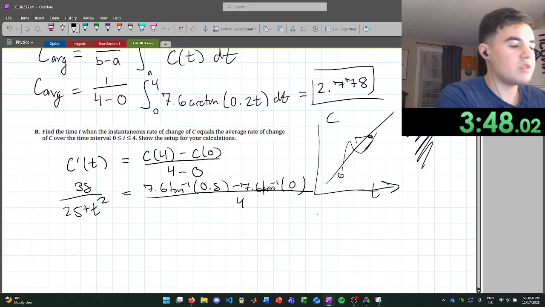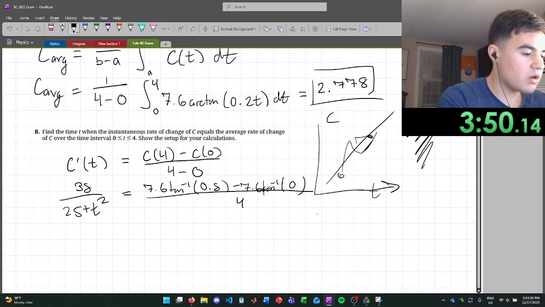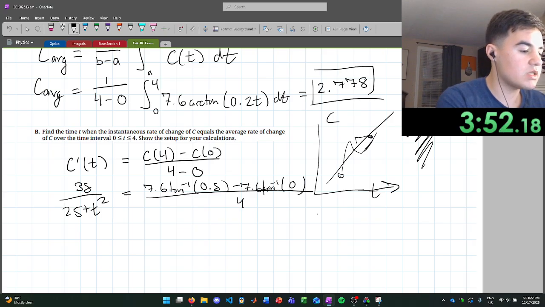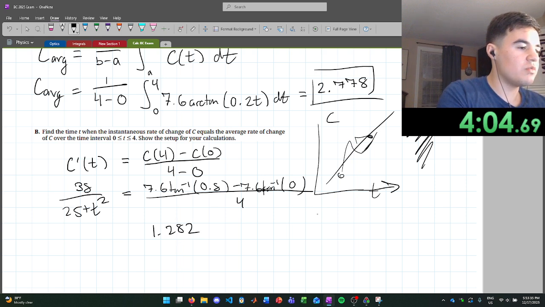Solving out at least the right side, 7.6 arctan 0.8 minus 7.6 arctan of 0, that is 1.28200, whatever, equals 38 over 25 plus t squared.